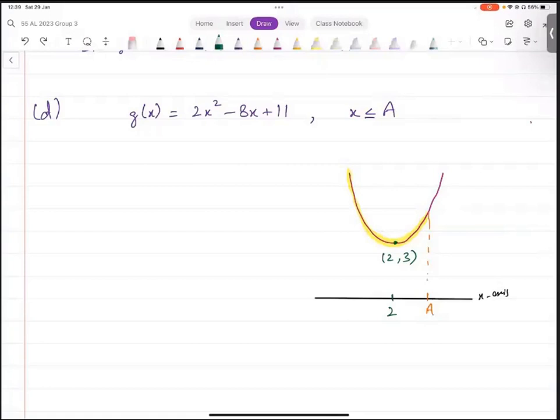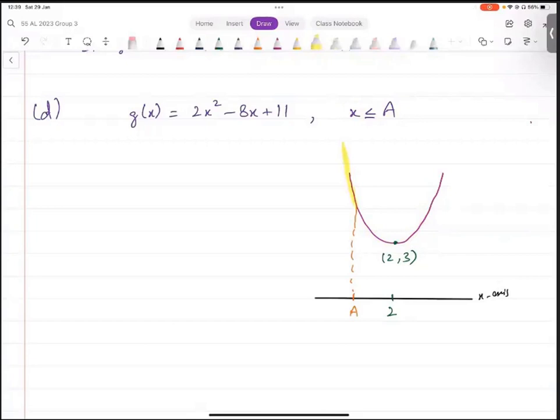अच्छा. So let's say A was on the left side. A यहाँ पे left side पे होता है instead. Let's say A was here on this side. Then if you were to say x is less than or equal to A, then the graph that you're considering as your function is this part.